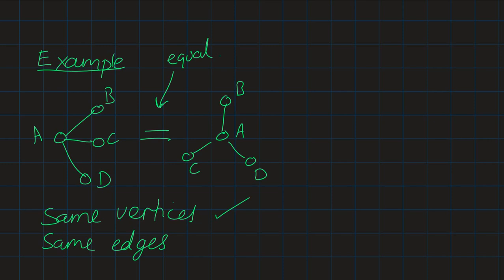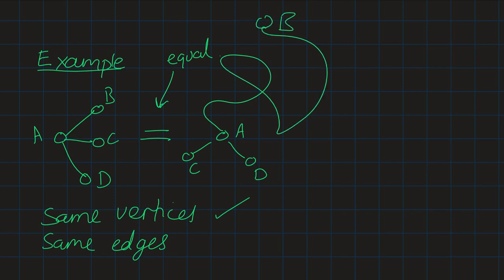And I can make it more extreme as well. If I do something like that, they're still equal. There's still an edge from A to B and an edge from A to B. But what would be a non-equal graph is if I drew a different one.